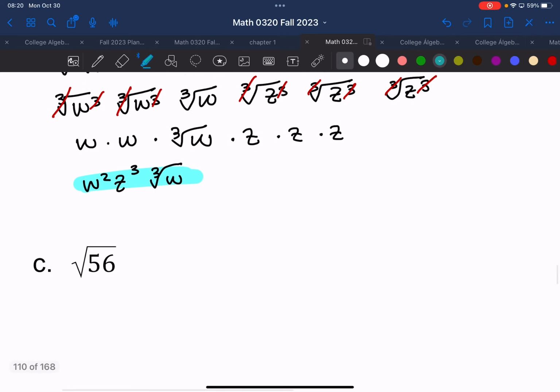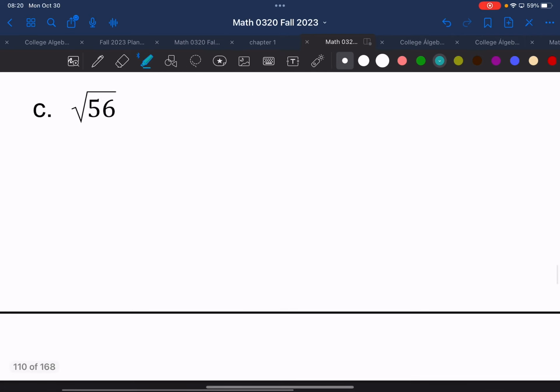Now looking at example C, we just have the square root of a number. When we need to simplify a square root, we use the prime factor tree. So remember, we are dividing into 56 using our prime numbers.